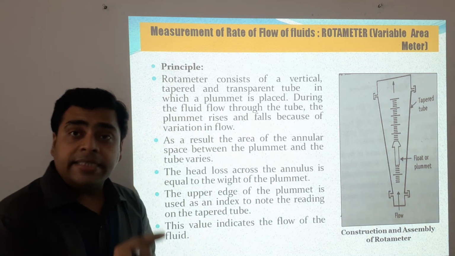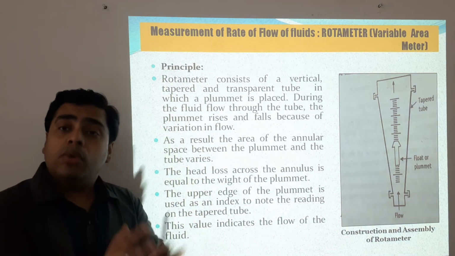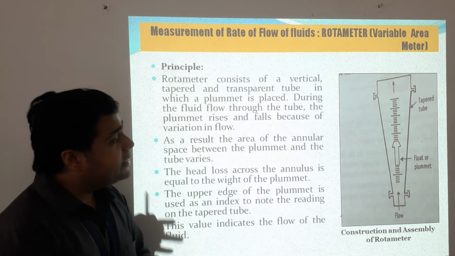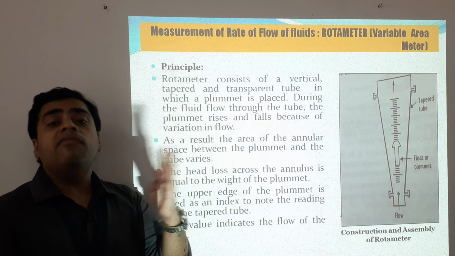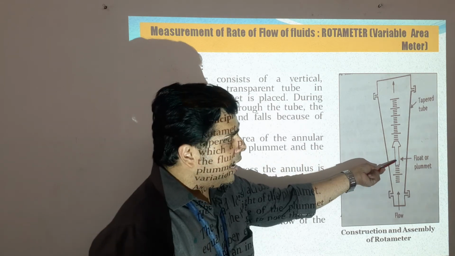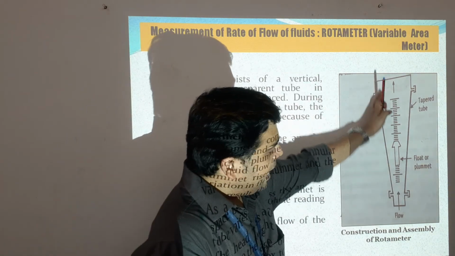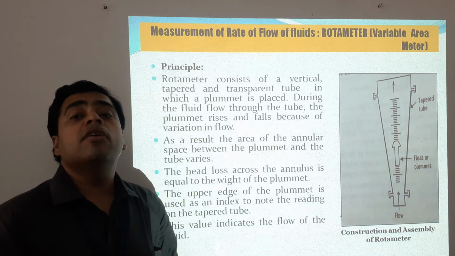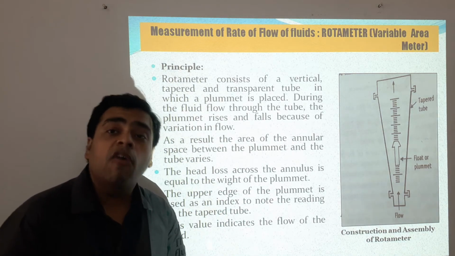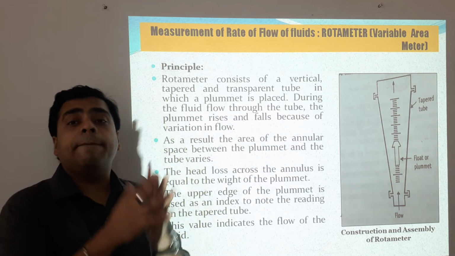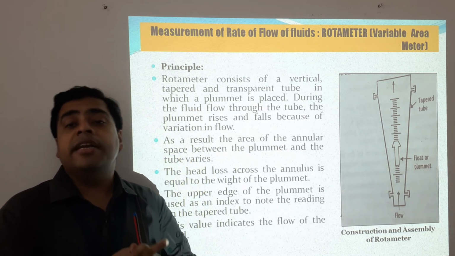The plummet is placed, and during the fluid flow through the tube, the plummet rises and falls because of the variation in the flow. As a result, the area of the annular space between the plummet and the tube will definitely vary.